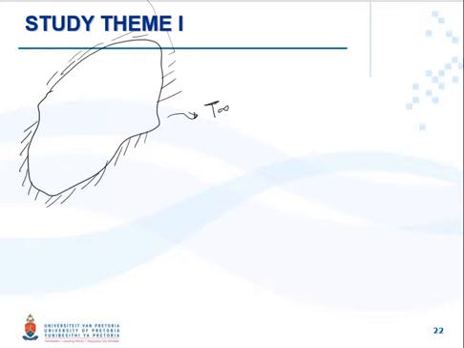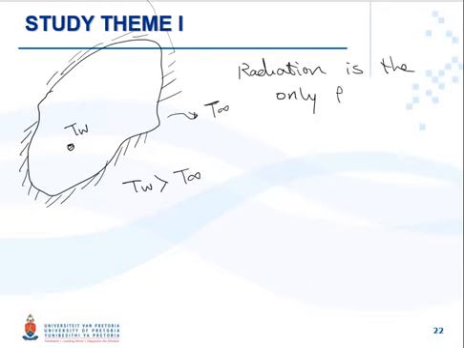I put a blackbody with initial temperature of T_W inside this enclosure, where T_W is greater than T infinity. So I'm saying that radiation is the only form of heat transfer.